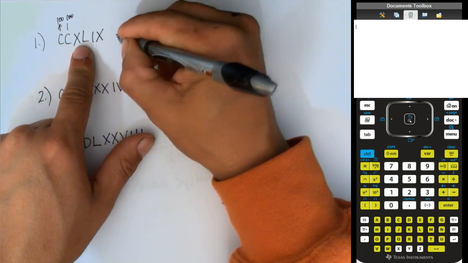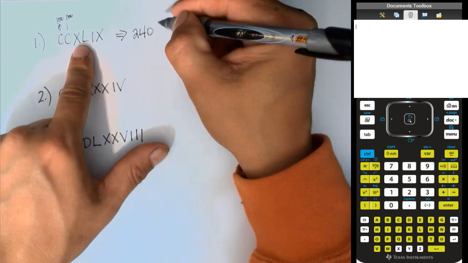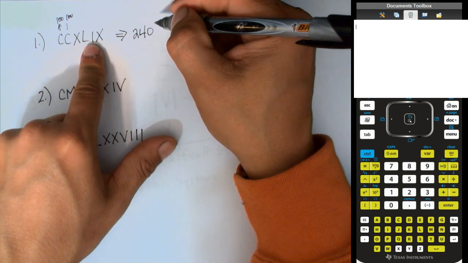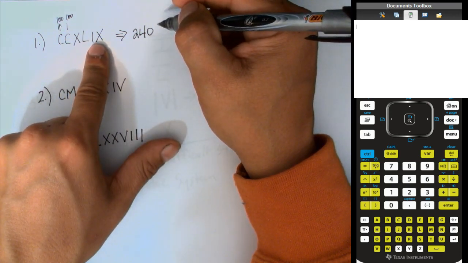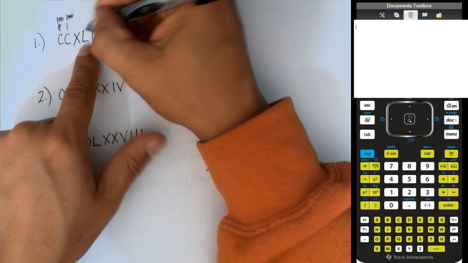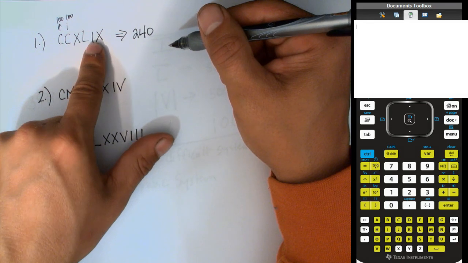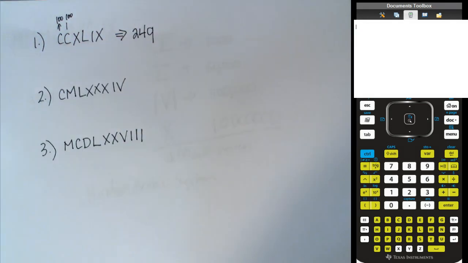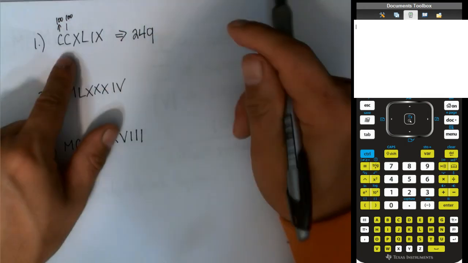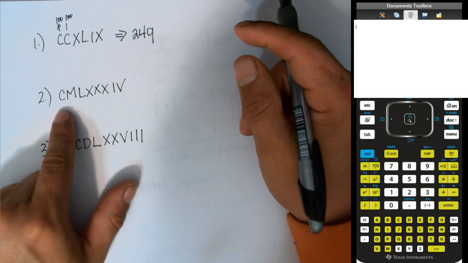So far I have 240, and then I skip from 40 to 1, so I must be skipping to something else, because I go from a symbol so large to something so small, and the number 1 is before 10, so that means I must have 249. So CCXLIX is 249.